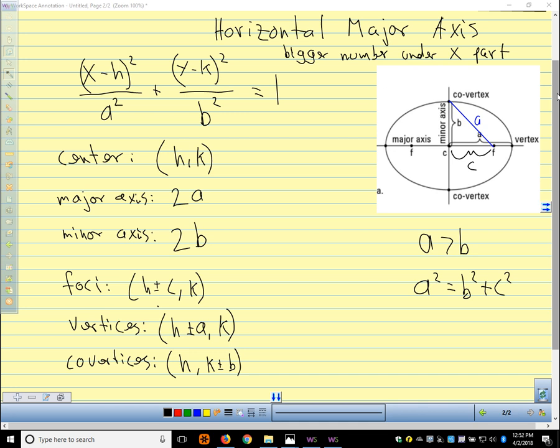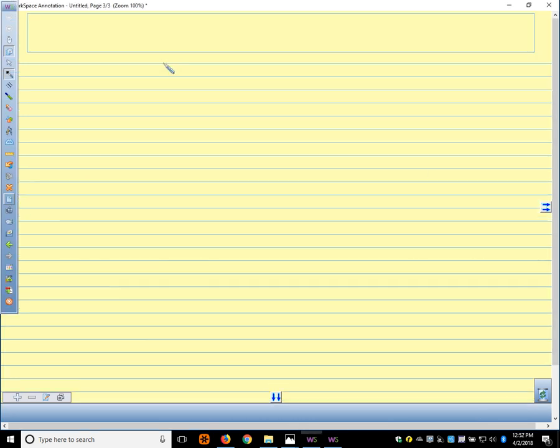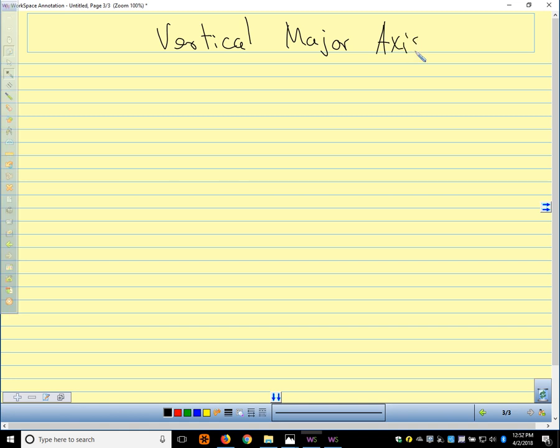So for the vertical major axis, really all we're doing is turning the ellipse the other way, and instead of going left or right, we go up and down. So we just switch those. Everything else stays more or less the same. All right, so let's talk about a vertical major axis.